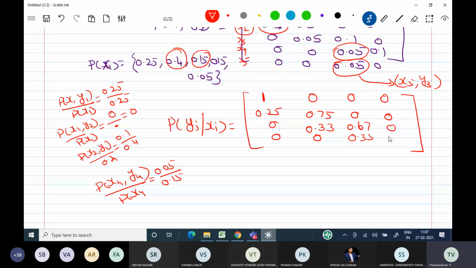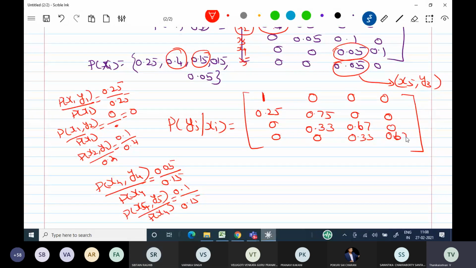Next answer, I am writing the coordinates also for your understanding only: x4, y5 divided by probability of x4. What is the answer? 0. Last two columns: 0.1 divided by 0.15. What is the answer?